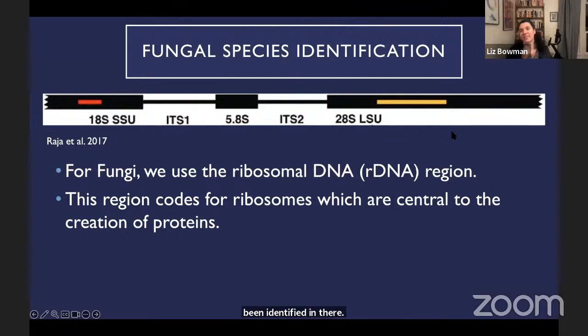For instance, I did some sequencing of soil in South Texas and ended up with 300 to 400 species of fungi, but I was only able to identify down to maybe order level, at a level I felt comfortable with, for maybe 40 to 50% of them.